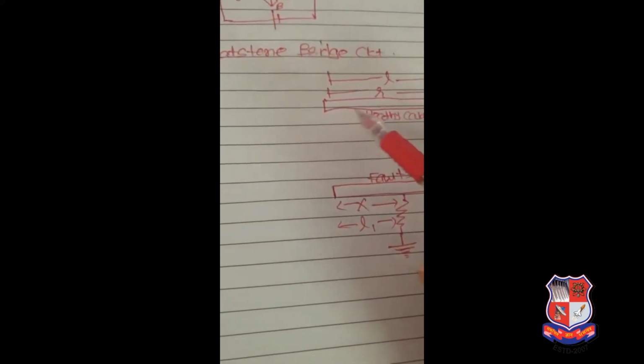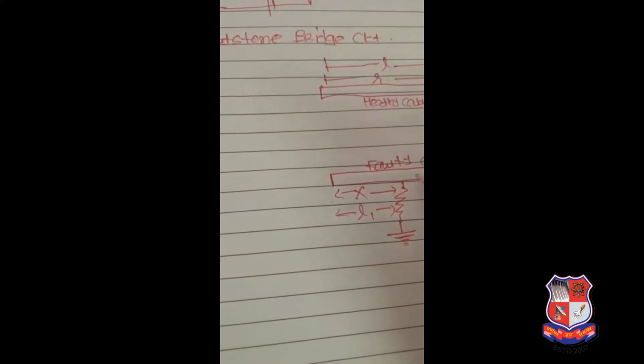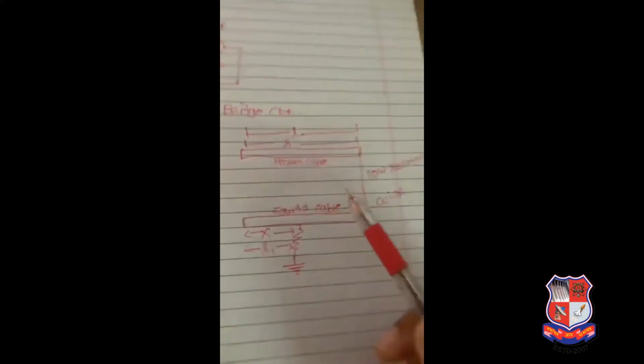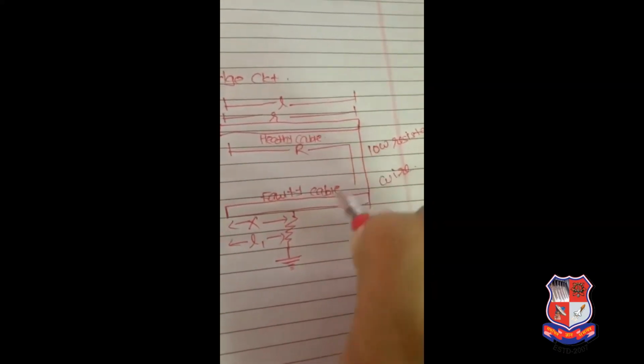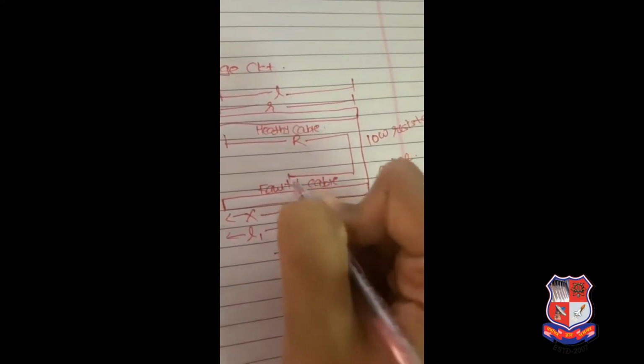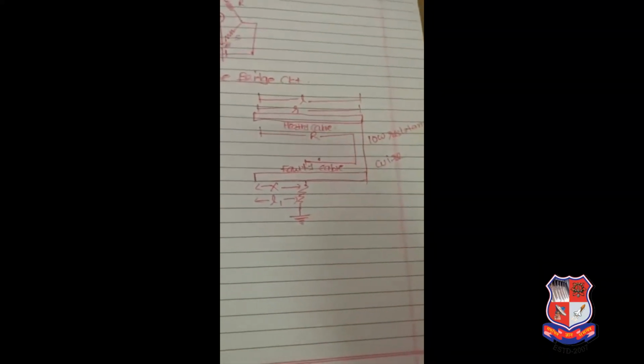And the resistance from the healthy cable to the fault point of the faulty cable, assume that it is capital R. Okay? This is capital R.